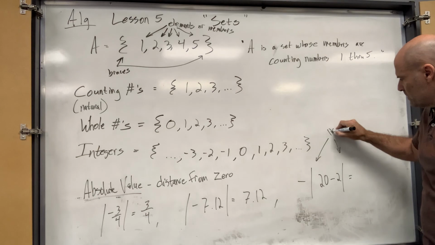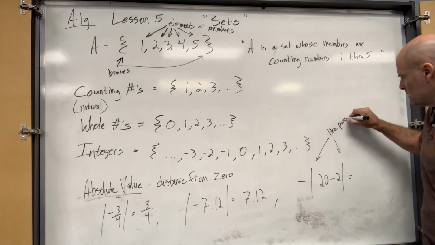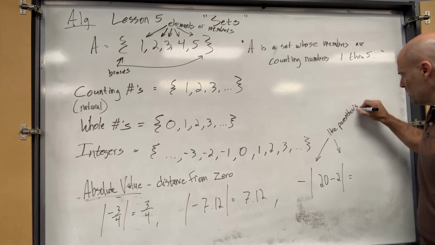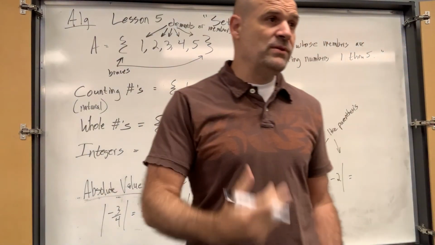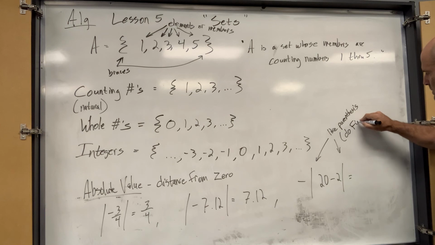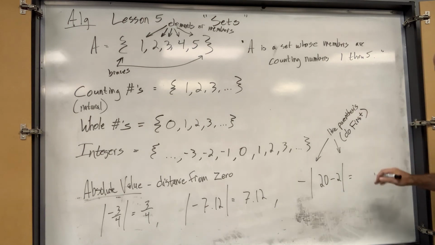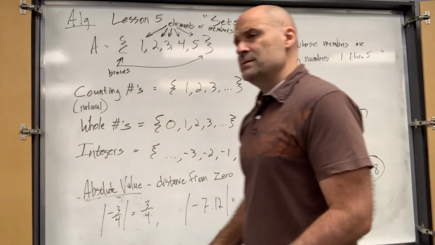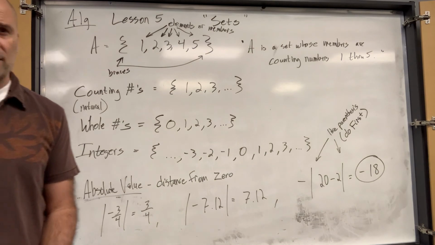These are like parentheses. They are a symbol of inclusion, so you have to do that first. Okay, so do this first. So after you do that first, you're left with negative, and then 20 minus 2 is 18. So here's your answer.